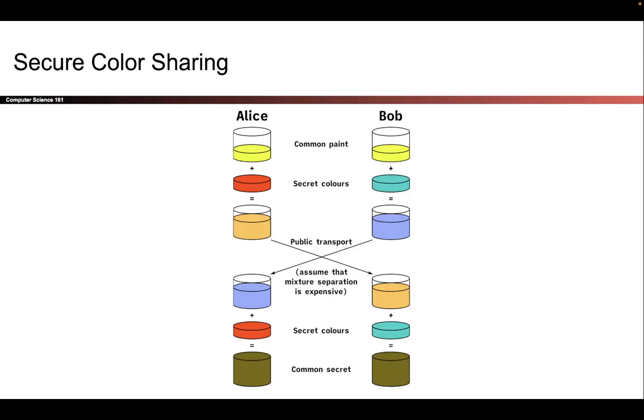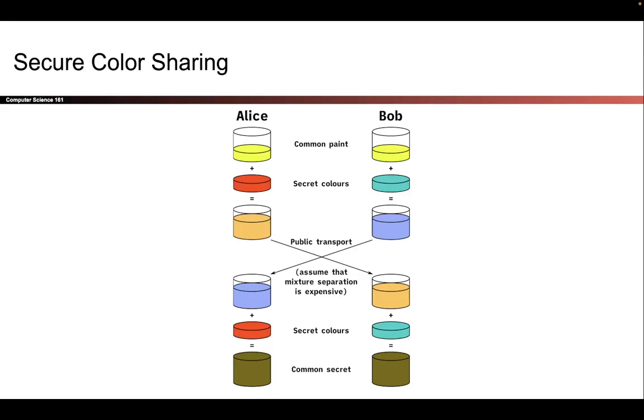And now that Alice has orange, a disguised version of the secret, she can send that disguised secret over the public channel to Bob. And Bob's going to do the same thing. He's going to generate his half of the secret, which here is teal, and he's going to mix his secret, teal, with the common color yellow to get a disguised version of his secret.